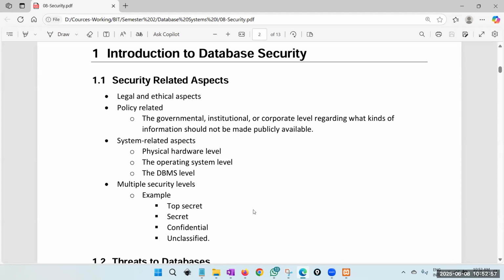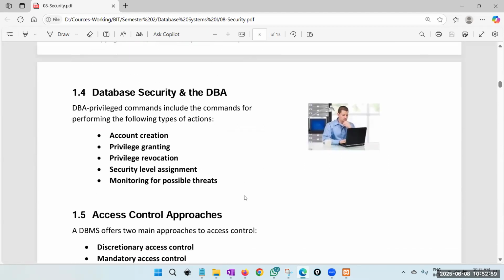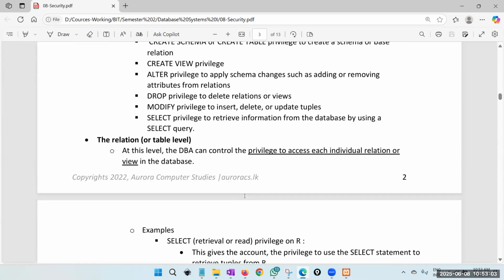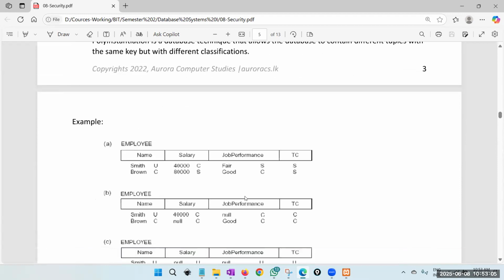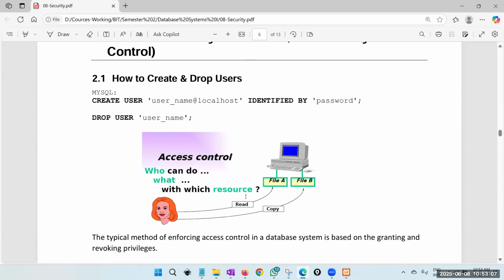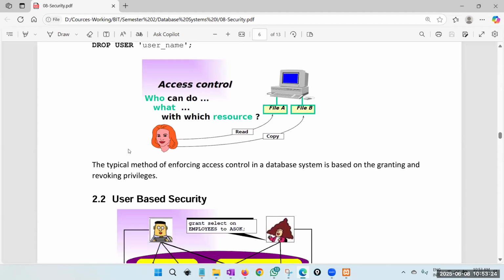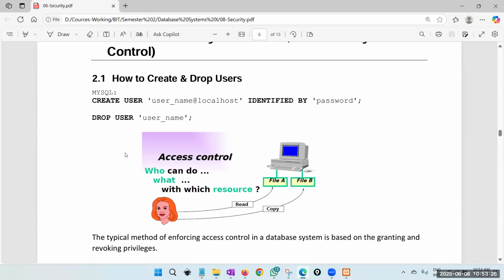Therefore, for authentication, the first thing is you need to create users, and drop users. Then for authorization, you give access to specific artifacts. That is authorization.